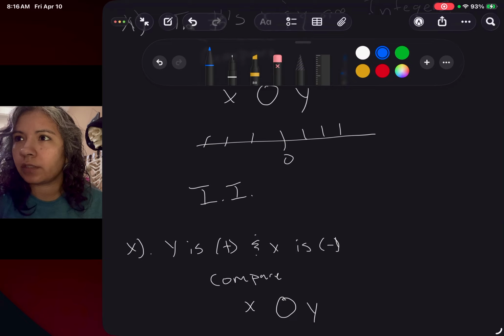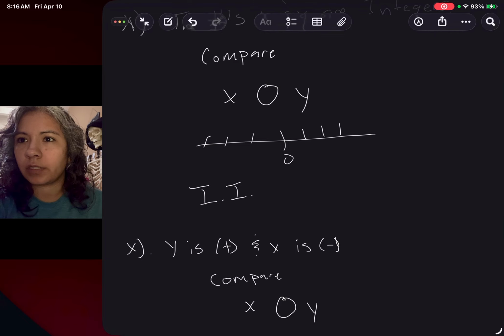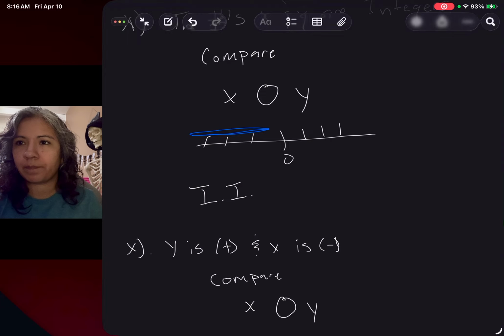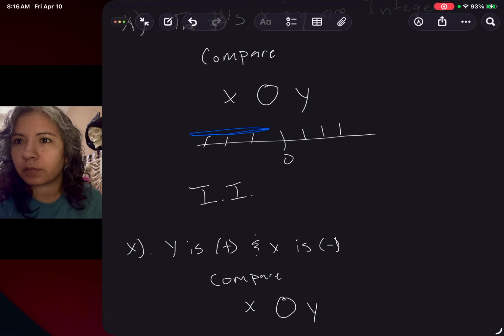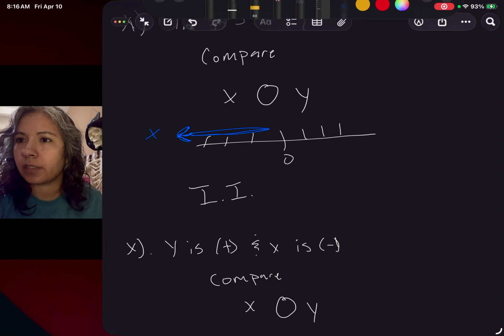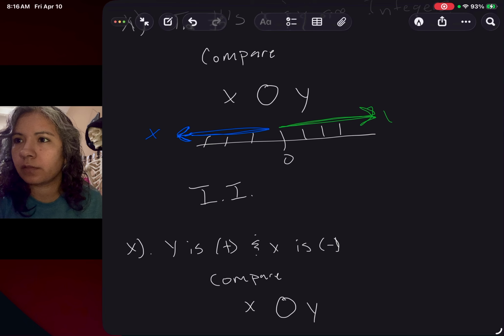Just knowing that x is negative, it's going to be on this side of the number line. So x could be any of these numbers here, right? And y is positive, so y is going to be any number greater than 0.